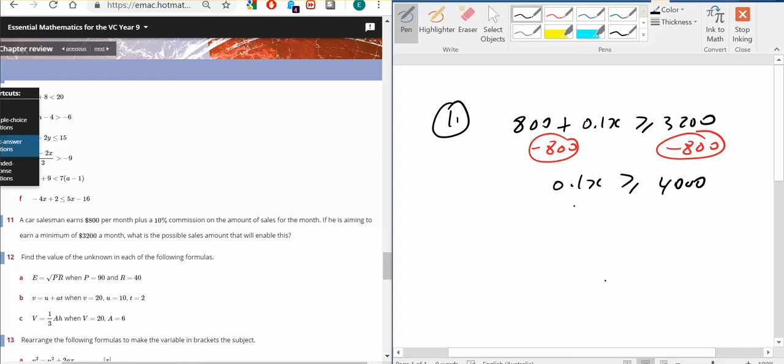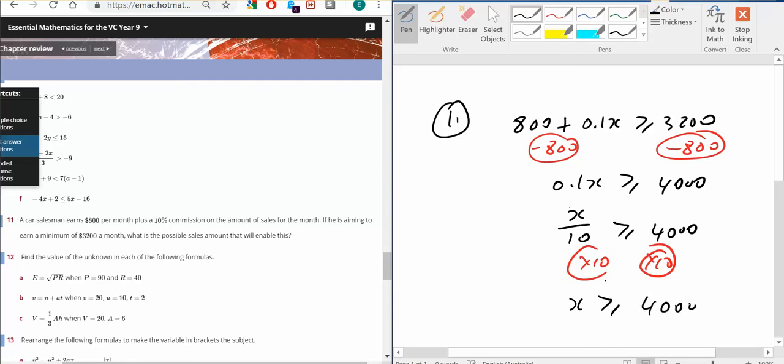Now I said 0.1 is the same as 1/10, so 1/10 of x is just x divided by 10. I multiply both sides by 10, so x would be greater than or equal to 40,000, not 40, yeah, $40,000.